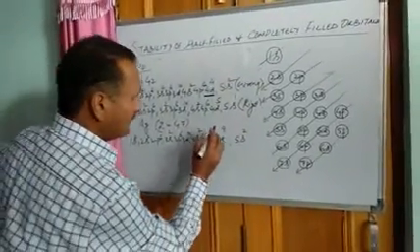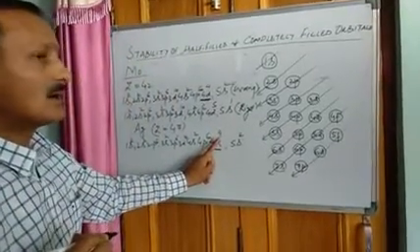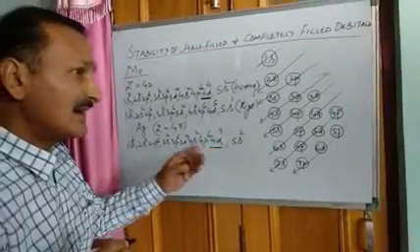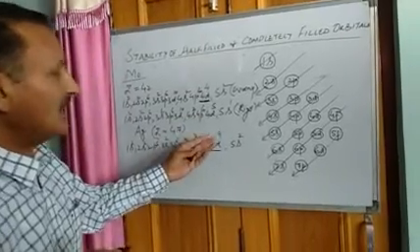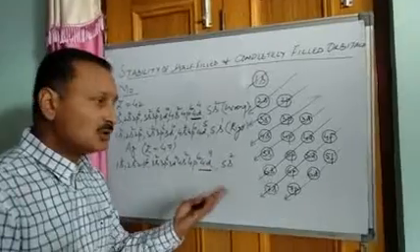Here again, take this 4d. This is not completely filled. It has got 9 electrons. If it gets 10, it becomes completely filled. And when it gets completely filled, it acquires more stability.